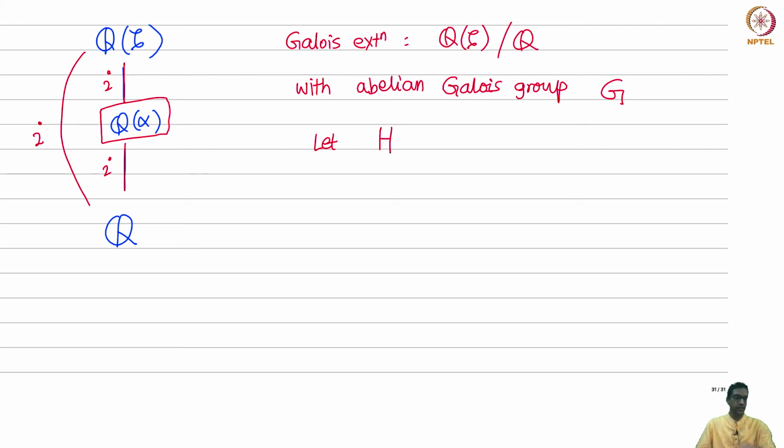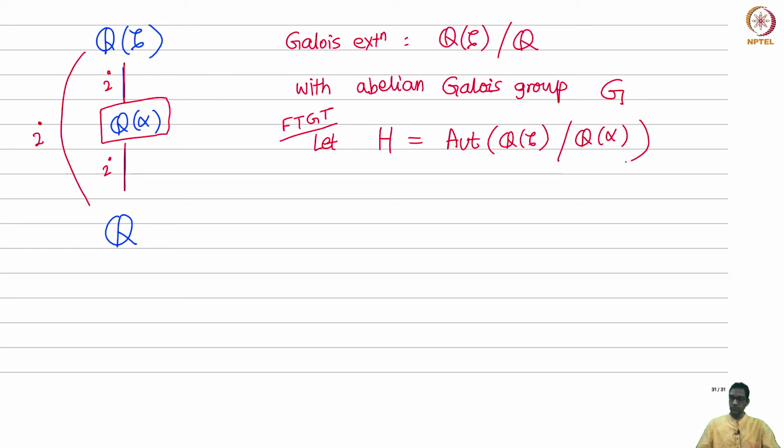Let's call that H. Let H denote the subgroup of automorphisms of Q zeta over Q alpha. That was the association in the fundamental theorem, so we know that this is a one-to-one correspondence.